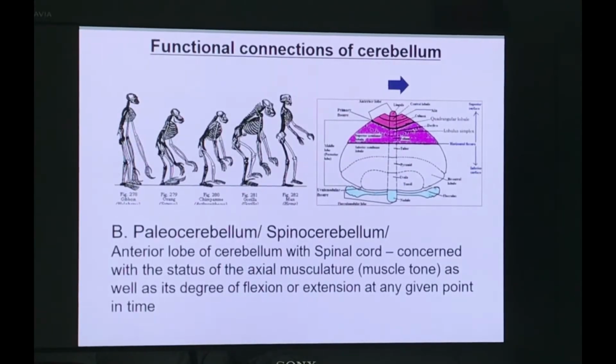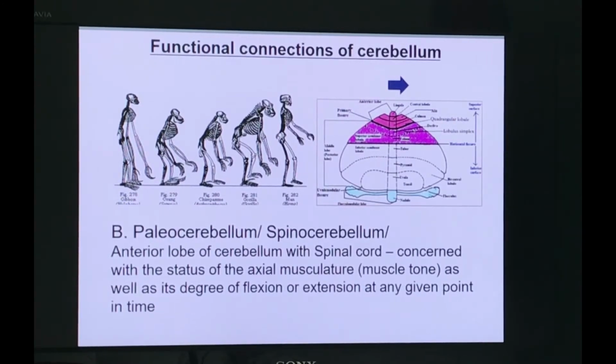The next is the paleocerebellum, which is the spinocerebellum, where the anterior lobe of the cerebellum is connected with the spinal cord. Mainly they are concerned with the status of the axial musculature in order to maintain muscle tone. As I mentioned, the cerebellum indirectly influences the contraction of the muscles to execute the movement.